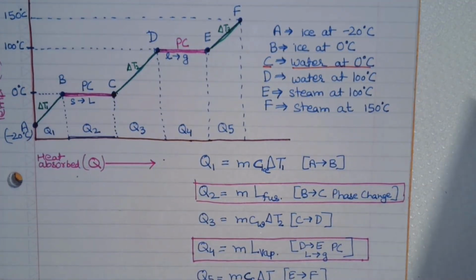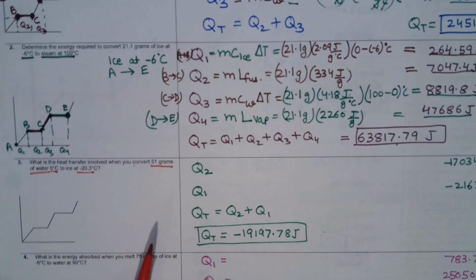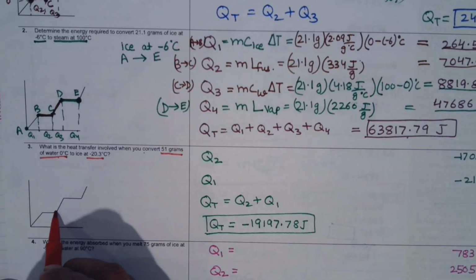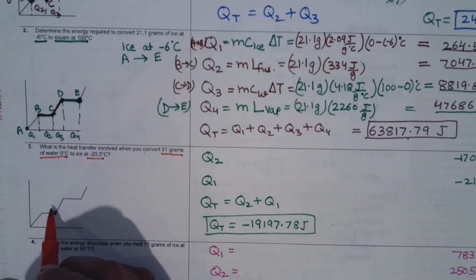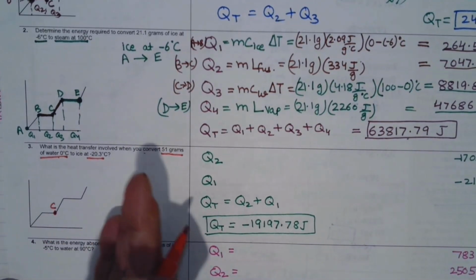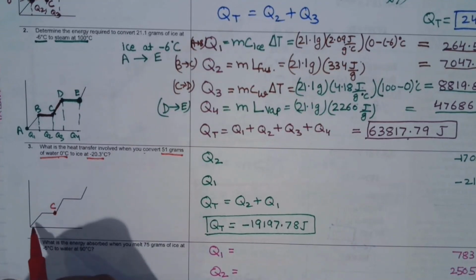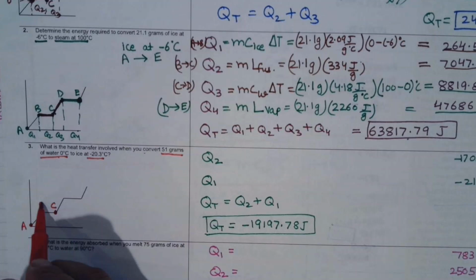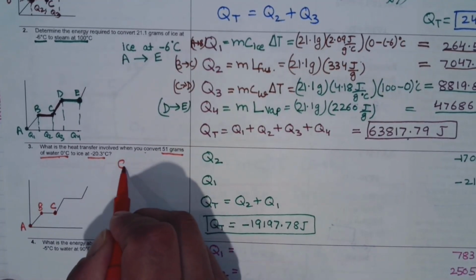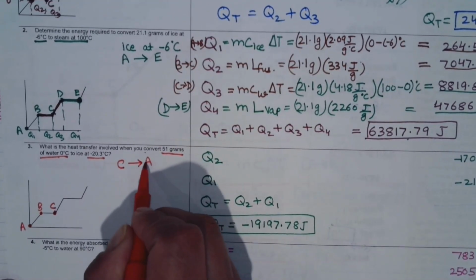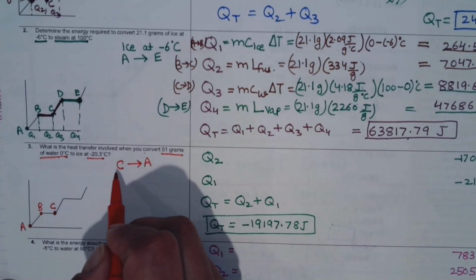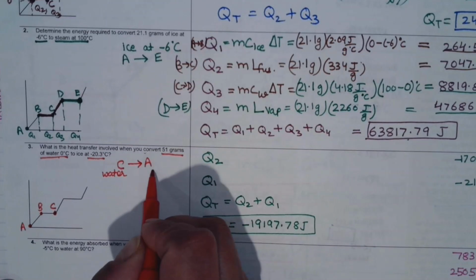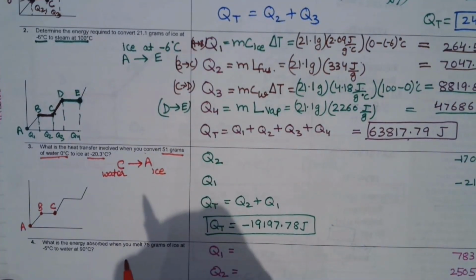Okay. So we are going from point C, this is where we are at. We are going to the point A through B. So we are going from C to point A. We are at water and we are going to ice.